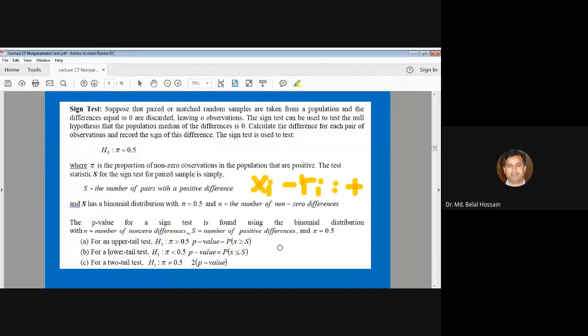From there we can test our null hypothesis, whether pi equals 0.5 or not, and any alternative you consider, based on whether pi is greater than 0.5, if you have that probability that X greater than or equal to s. আপনি দেখবেন যে কতগুলা x এর ভ্যালুর জন্য আপনার পাইটা 0.5 এর থেকে বেশি হয়ে যায়, 0.05 এর থেকে, তাহলে সেখানে আপনার ক্রিটিক্যাল রিজিয়ন হবে.